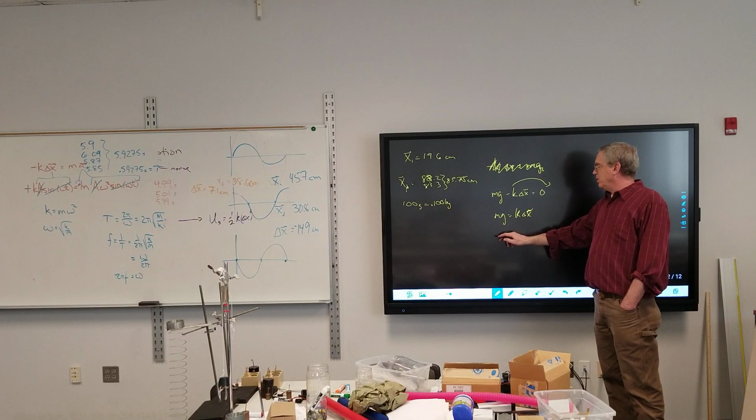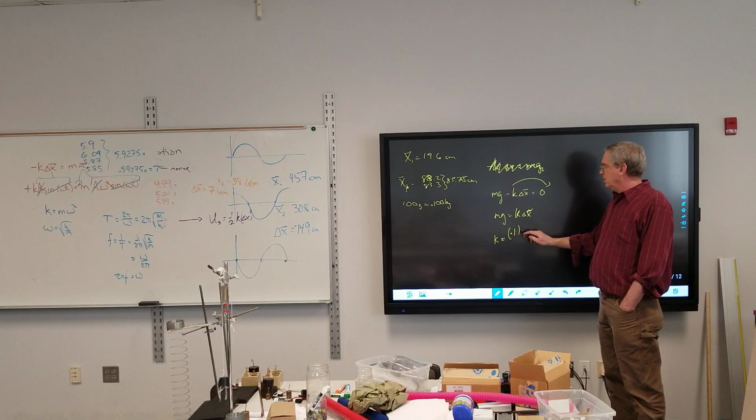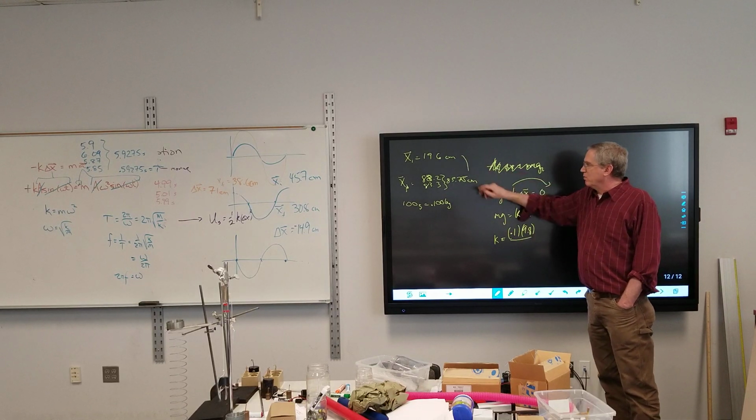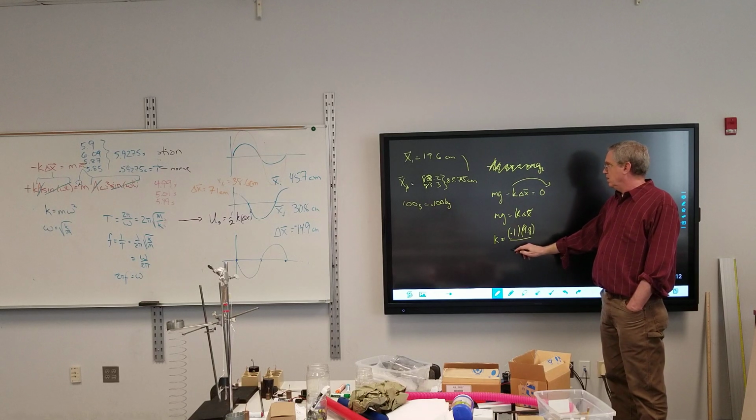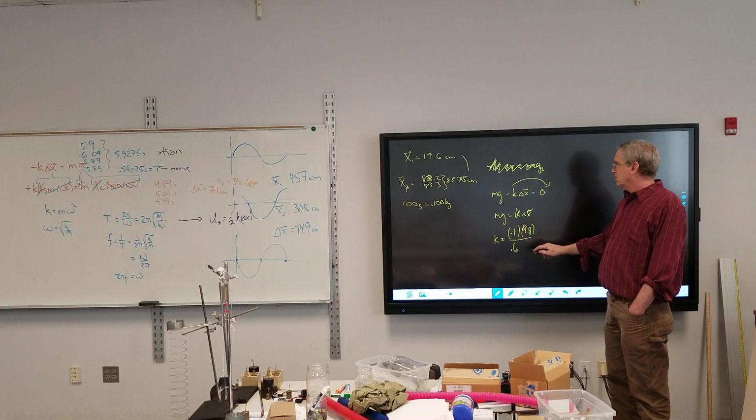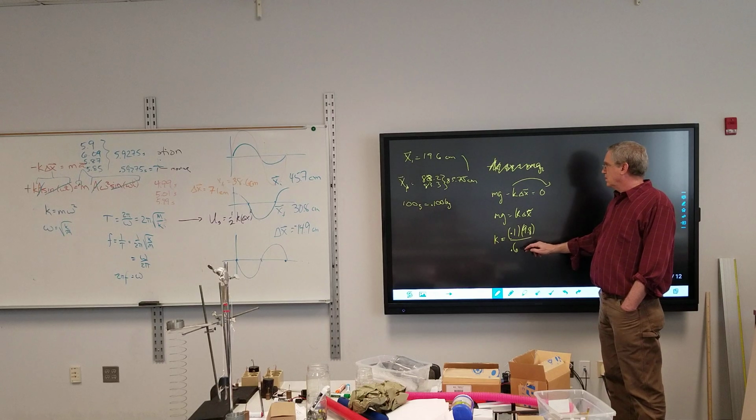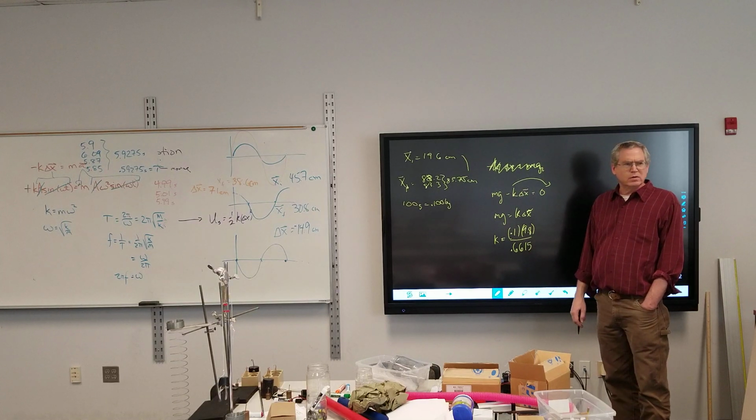So we end up with k being 0.1 times 9.8 divided by whatever that difference is. 0.856 minus 0.196, that's 0.65 meters.